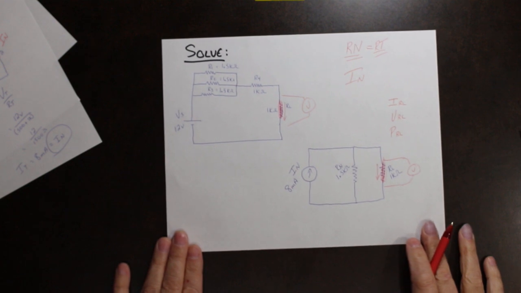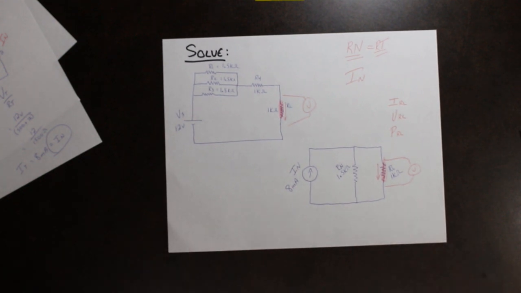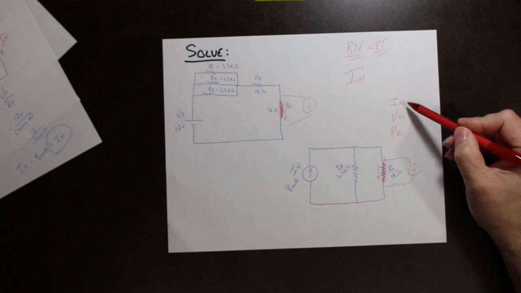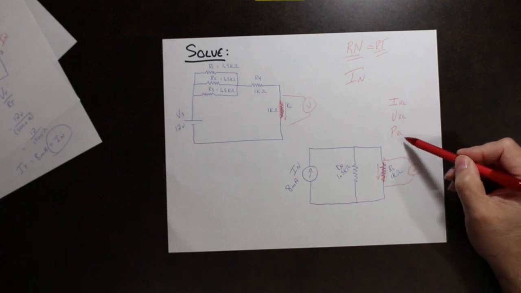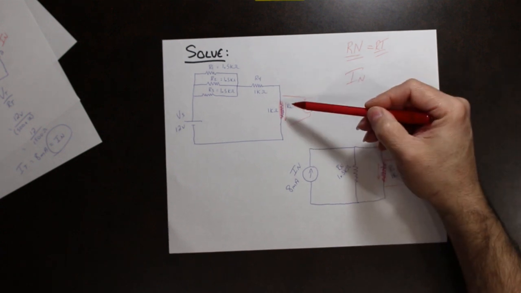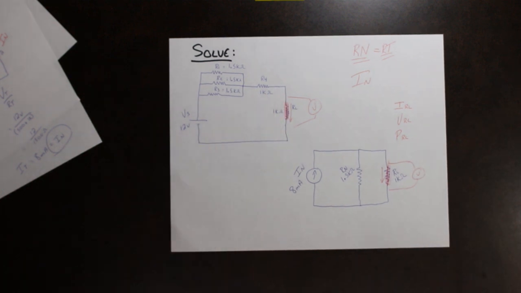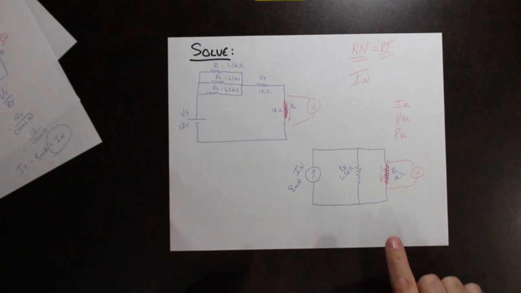If those three things are true, then these circuits are equivalent. So what we're going to do is quickly solve for current, voltage, and power in this circuit, current, voltage, and power in this circuit, and then we will be able to determine whether or not these two things are true.